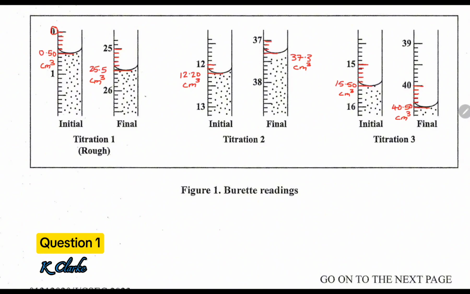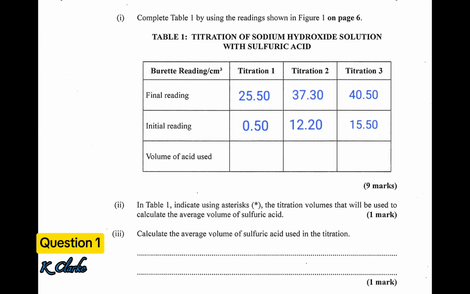We are going to place all readings in the table to 2 decimal places. We are going to find the volume of acid used for each titration by finding the difference between the final reading and the initial reading.